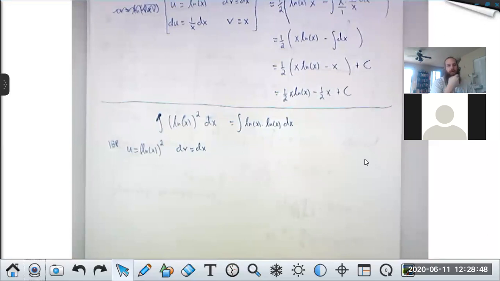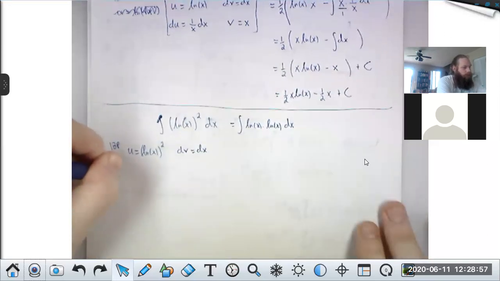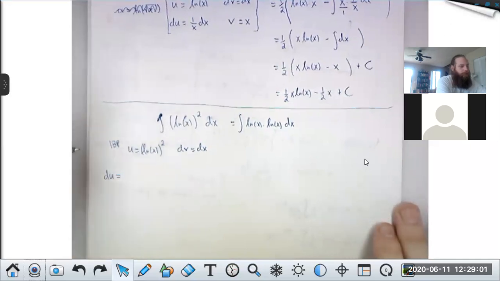Okay, so if dv equals dx, then du, the derivative of ln of x is normally 1 over x, but we can't necessarily integrate it just like that. We have to use the chain rule.